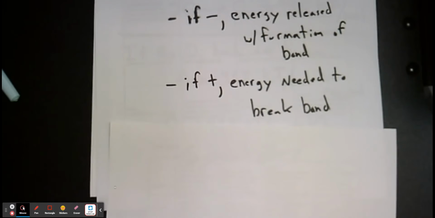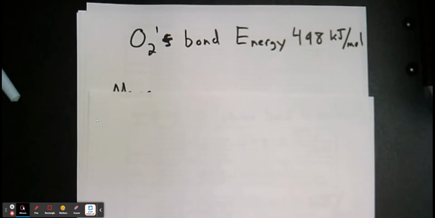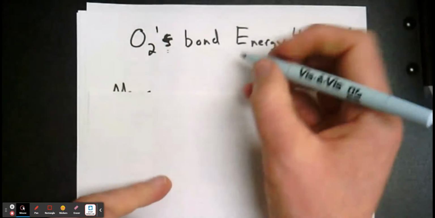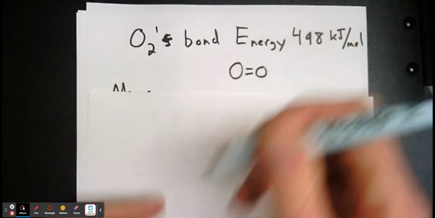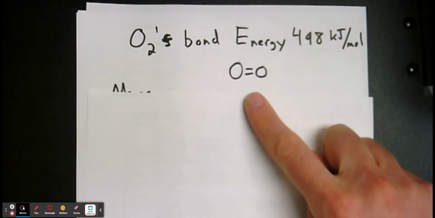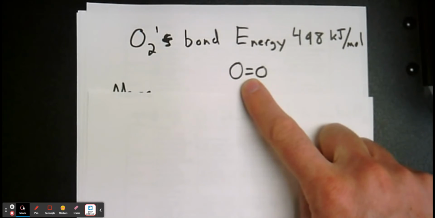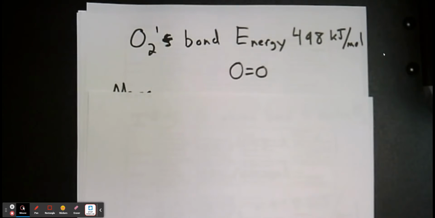All right, I want to go over one example. So there's the bond energy for oxygen, and this is for the double bond, O2. And that would correspond to both of these bonds being made or both of them being broken. All of our units are always going to be kilojoules per mole.